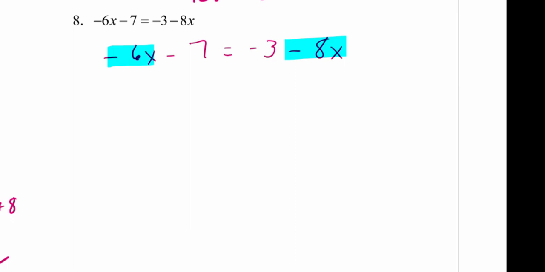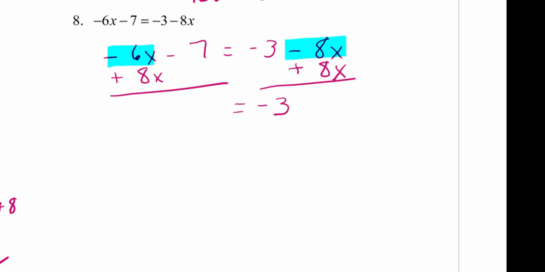And you'll see why, because the -8x here, we're going to add 8x to both sides so that we can get a 0 on the right. And then we'll just have that -3. And then we will go ahead here and combine these terms to get a 2x minus 7. And now we have the variables together on the left-hand side. So then our next step, of course, is to move the -7 over with the -3.